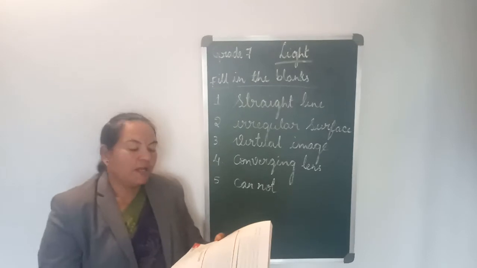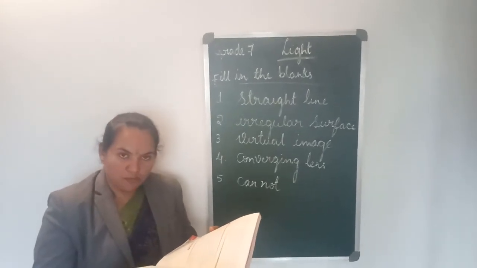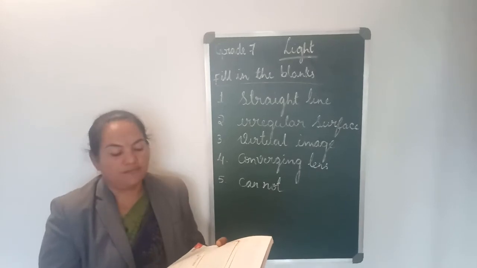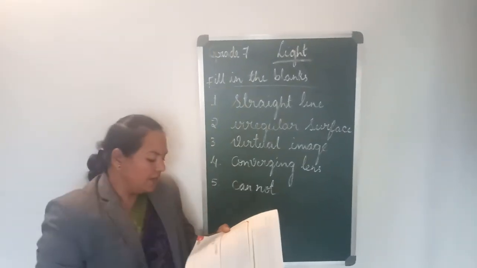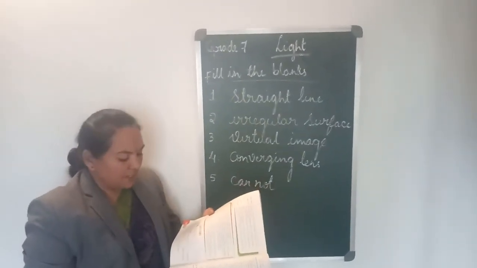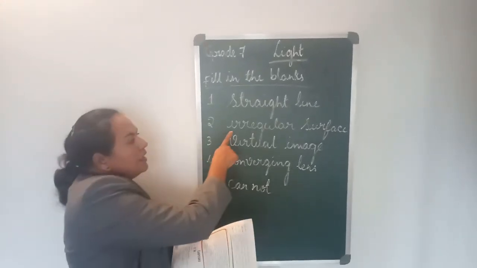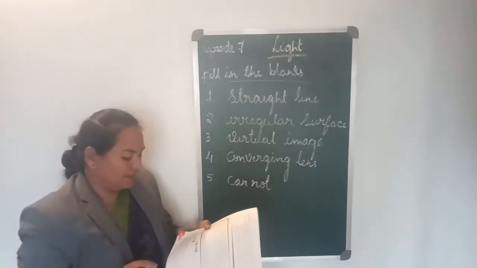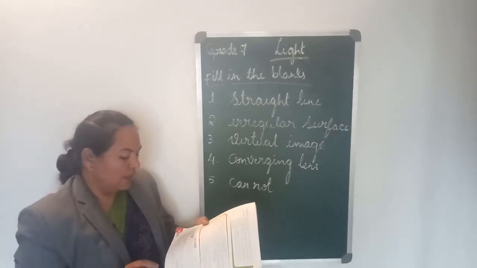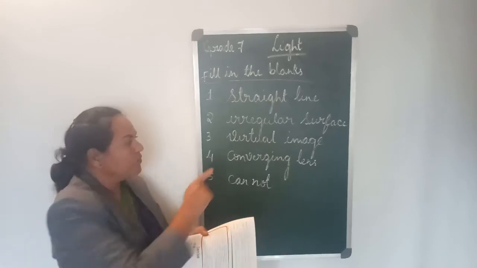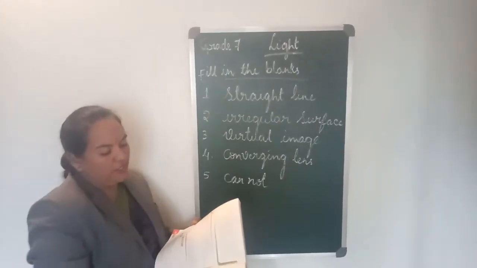Clear? Rectilinear propagation of light means light travels in straight line. First answer. Next, a bumpy rough surface is also referred to as irregular surface. Next, third one. A convex mirror can only form virtual image.